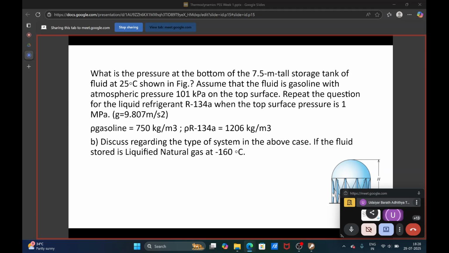Assume that the fluid is gasoline with atmospheric pressure 101 kilopascal on the top surface. Then repeat the question for the liquid refrigerant R134A when the top surface pressure is 1 megapascal. G is given as 9.807 meter per second square, and the densities are given: rho gasoline is 750 kg per meter cube, and for R134A, a refrigerant fluid, it is 1206 kg per meter cube.